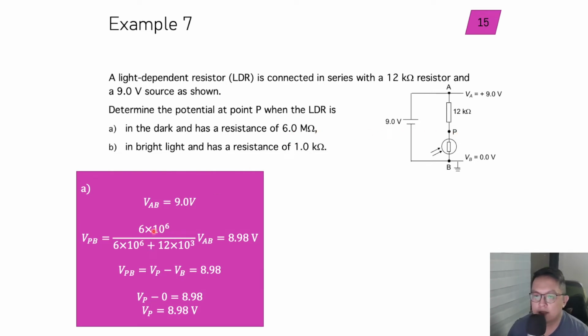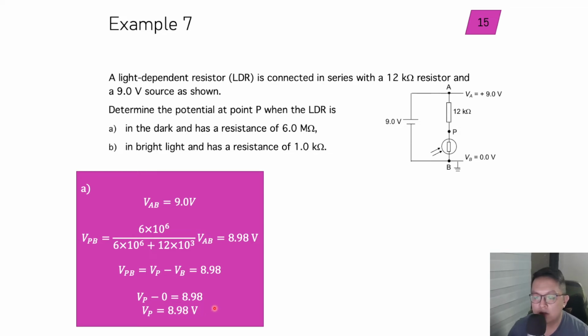So this is the resistance of the LDR over the resistance of the LDR plus the resistance of the fixed resistor, 12,000 ohms, and then multiply by VAB, I'll get 8.98 volts. So that means VPB, which equals VP, the potential at P, minus the potential at B, gives me 8.98. So VP minus 0 because VB is 0, which means VP is 8.98 volts.